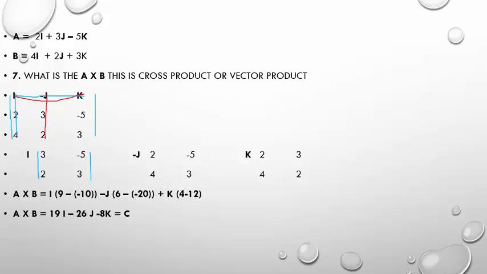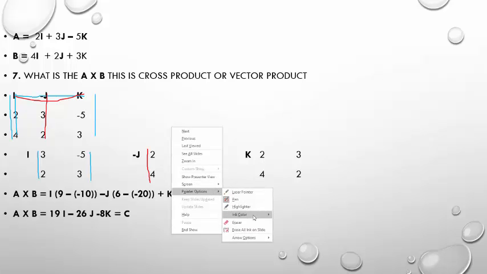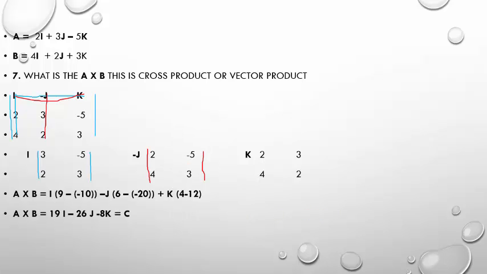Then you write the minus J outside the matrix. Then we move to K. To do K, we cross where we have K. So we write K outside, then we take 2 and 3, 4 and 2.